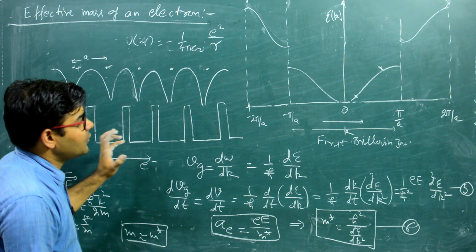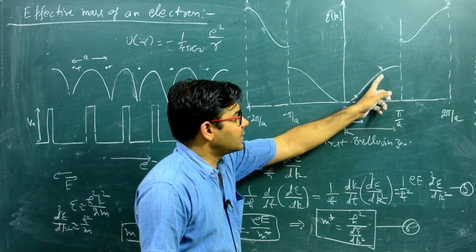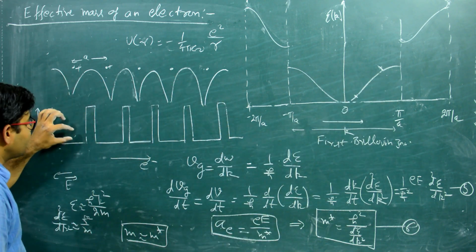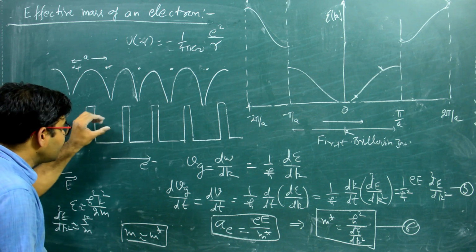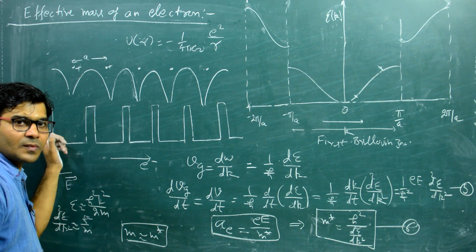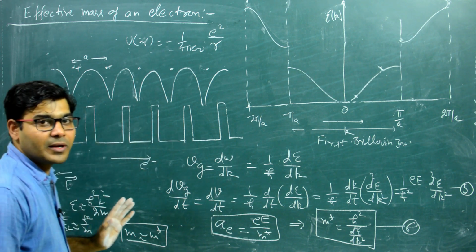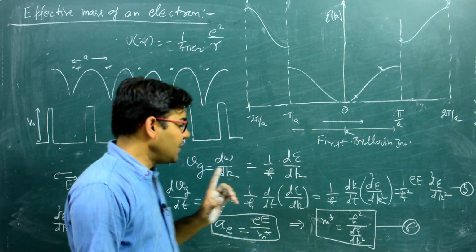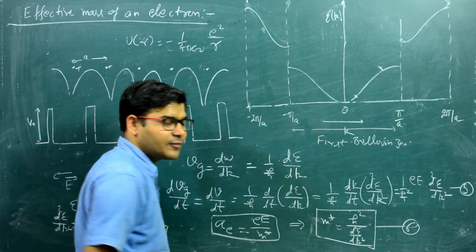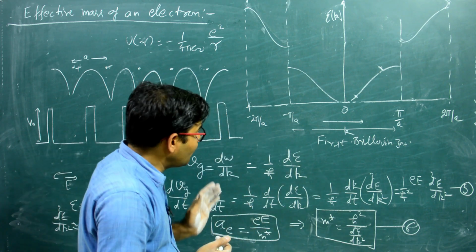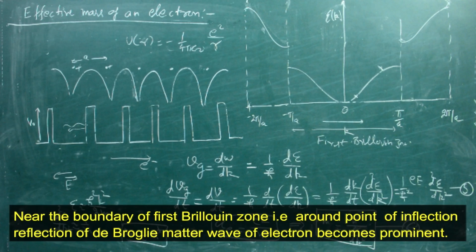When the electron is around this point, the reflection of the de Broglie wave from these barriers becomes more significant. When the electron is at the center of the first Brillouin zone, this reflection is not very significant, but as you approach the boundaries of the first Brillouin zone, this reflection becomes more and more significant.